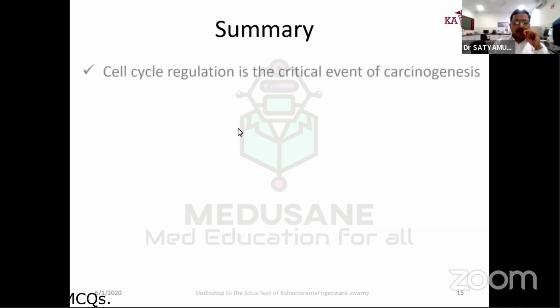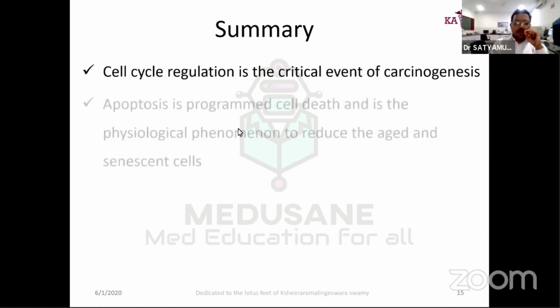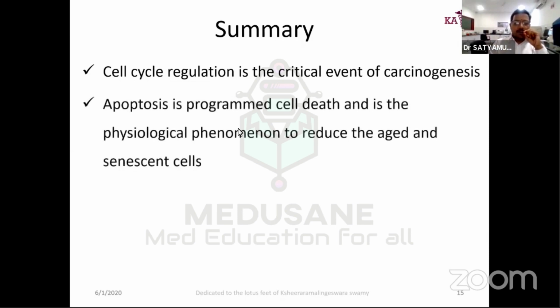So summarizing, cell cycle regulation is a critical event of carcinogenesis, where the G1, G2, and M phases are the potentially carcinogenic checkpoints, where any disturbance is going to cause carcinogenic potential. Next, apoptosis. Apoptosis is programmed cell death and is a physiological phenomenon occurring in aged and senescent cells.